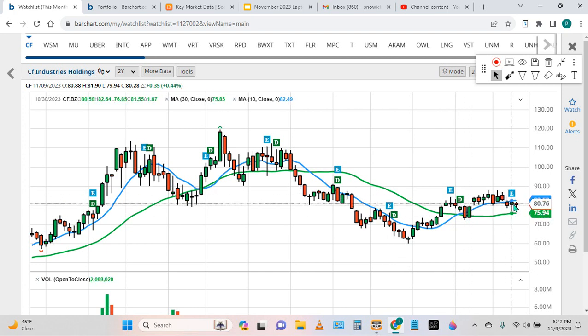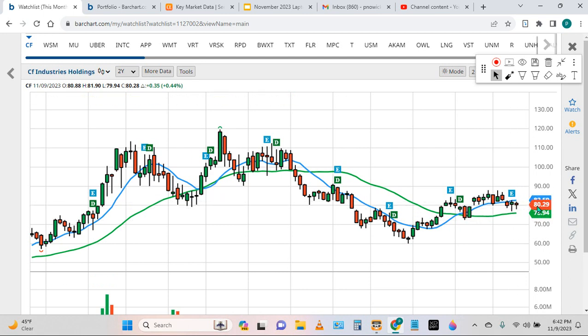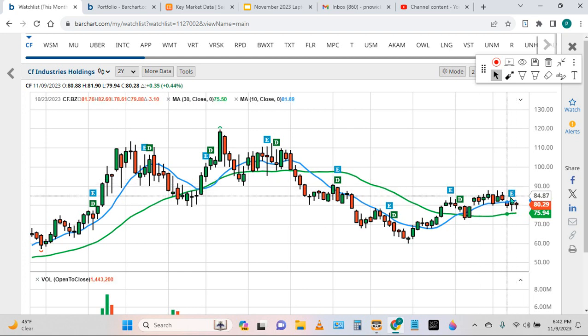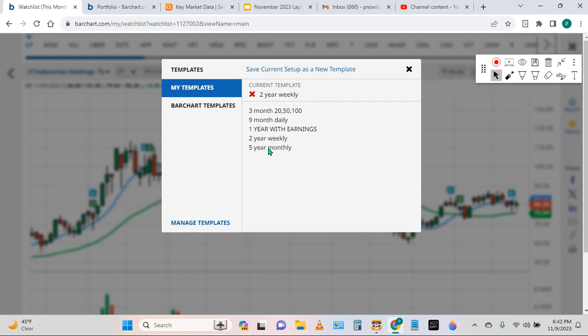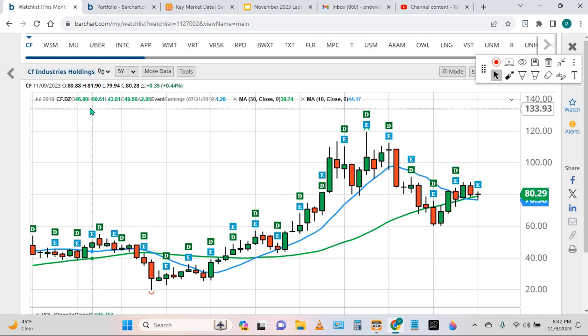Now the last 3 weeks it's traded lower than the previous, let's say 6 to 8 weeks. So recent relative weakness versus the market, but like I said, I think if price can start to creep up again, get over this area, I like CF. So that's why it's on the list. Let's take a look for some more clues.